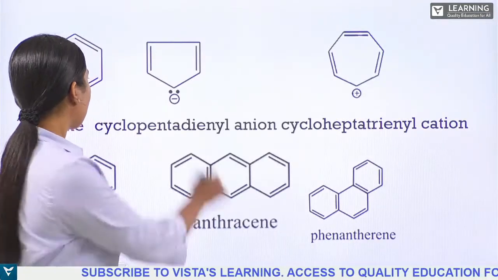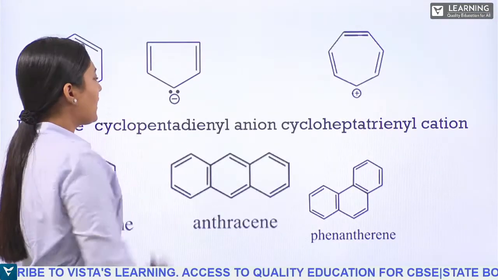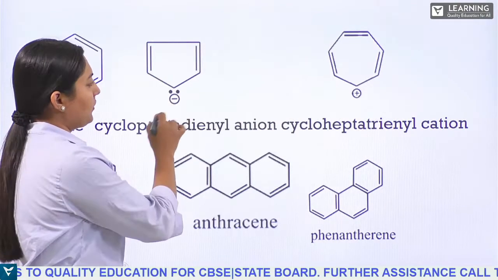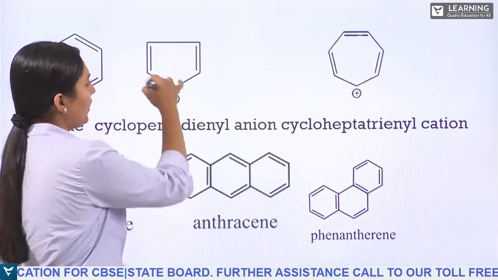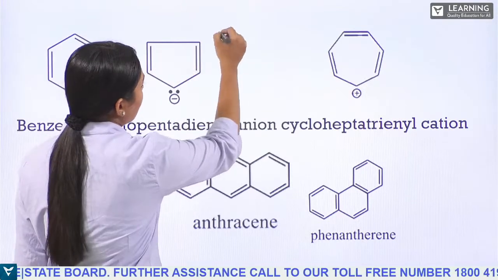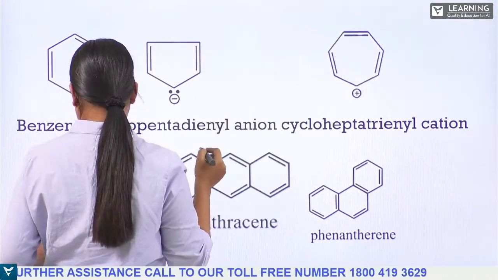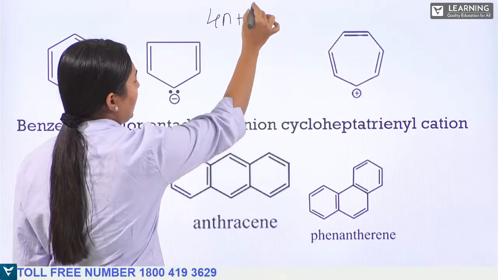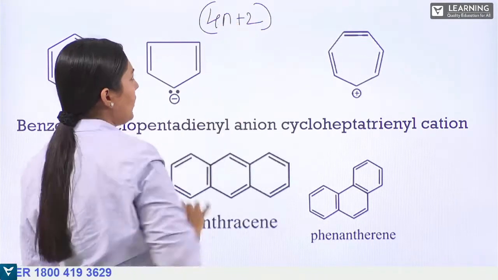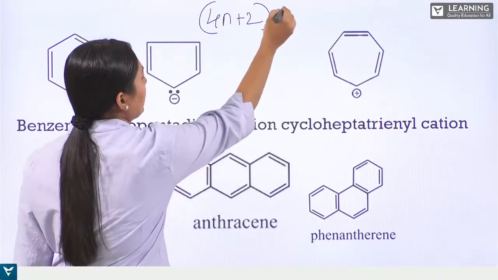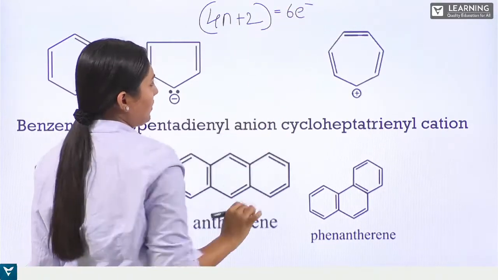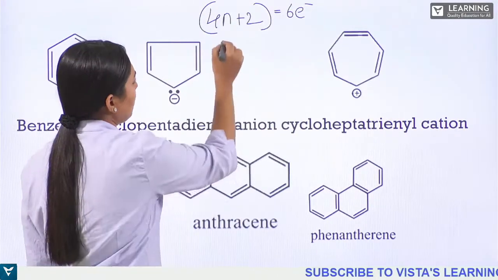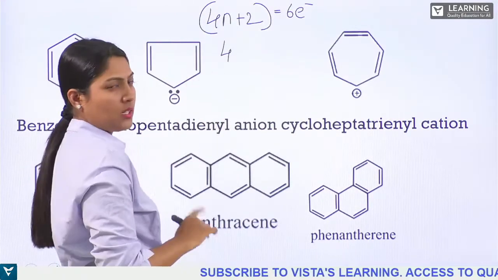So we'll see here, we have a benzene ring. We have the cyclopentadienyl anion. Here we have 4n plus 2 pi electrons, right? N equals 1 here, so it should contain a total of 6 pi electrons. Here we have two double bonds, so two double bonds give you 2 plus 2, 4 pi electrons.